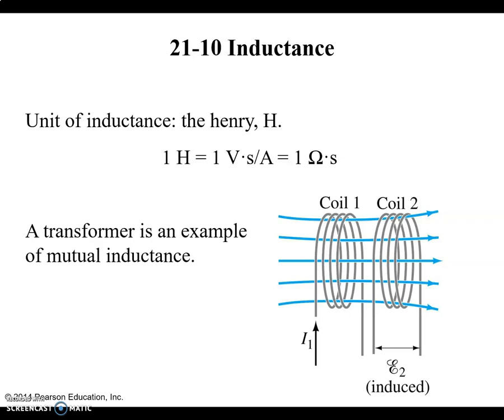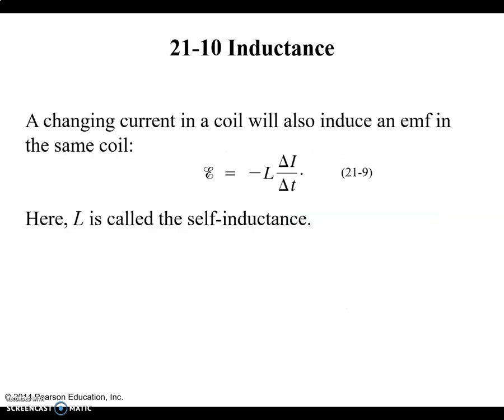Now, this is the easiest way to talk about inductance, but there's something else that we need to talk about as well. It turns out that a changing current in a coil will induce an EMF in itself. And think about this. You increase the EMF, that changes the current in that coil.